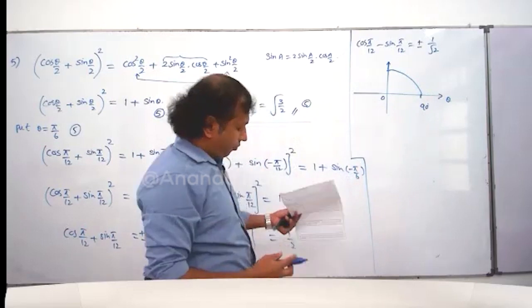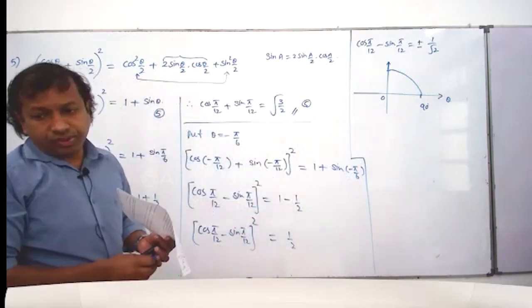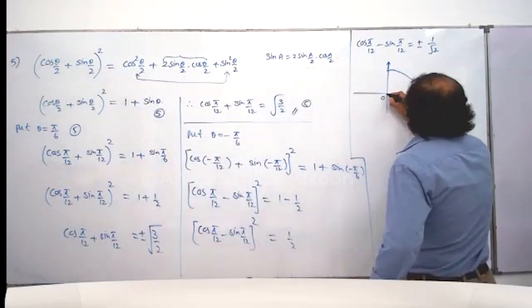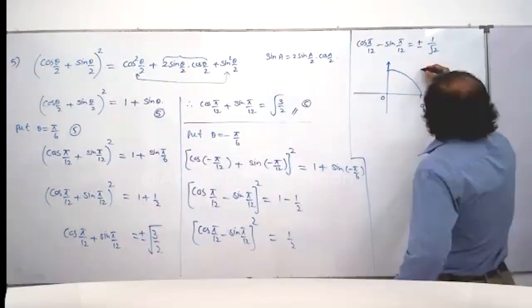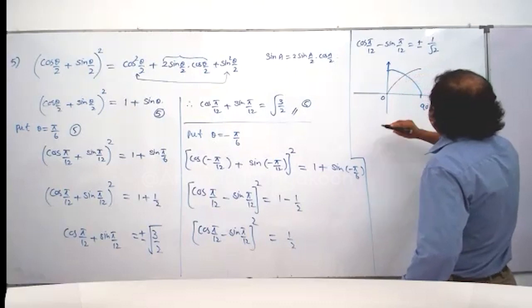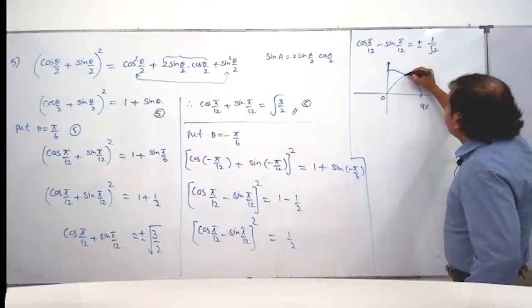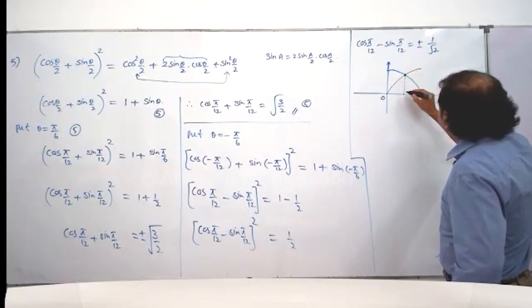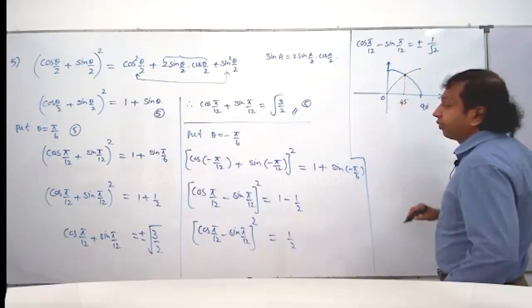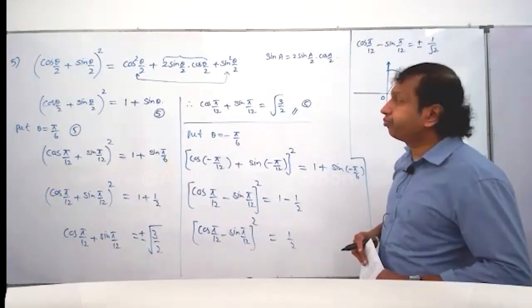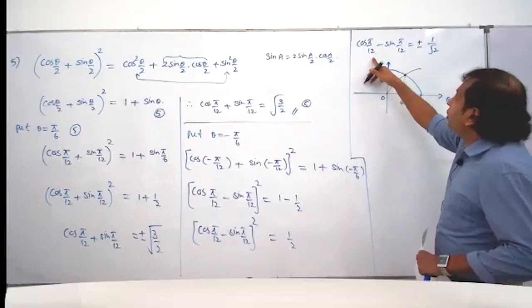Sin 0 is 0, sin 90 is 1, it is like this. You can see they have the same value at the angle 45. Sin 45 and cos 45 equal to 1 over root 2, no?